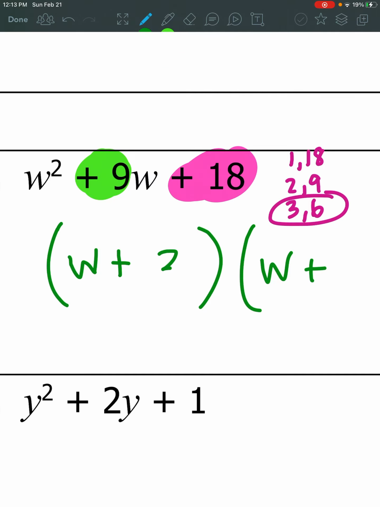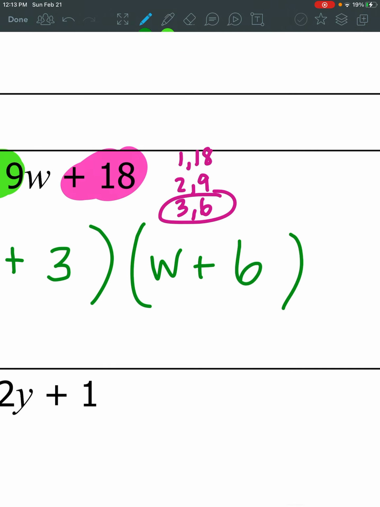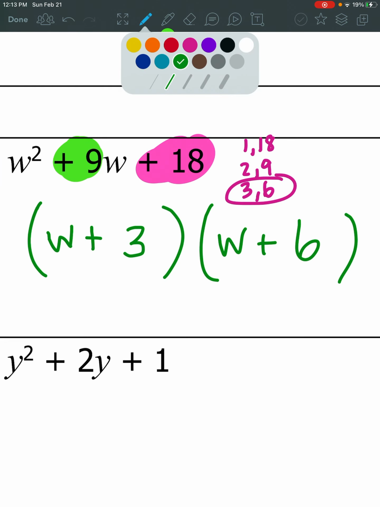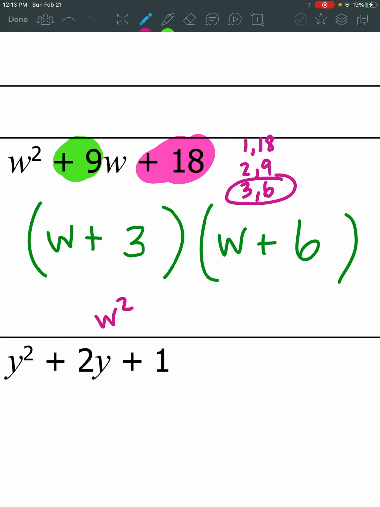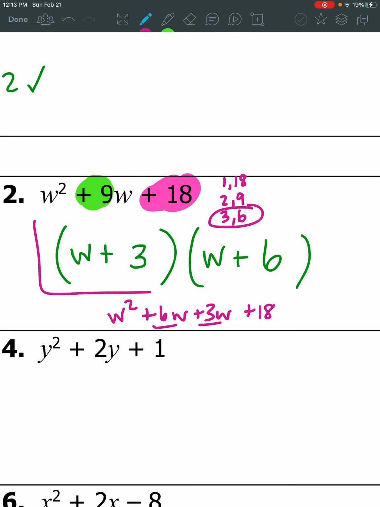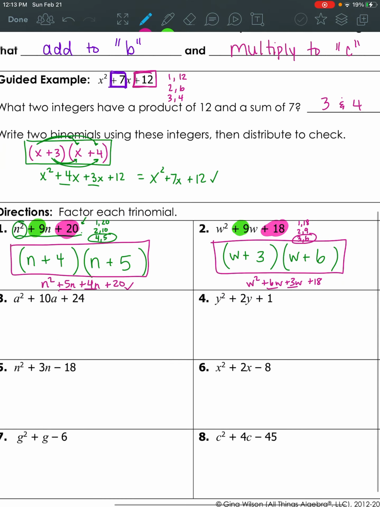So one of them is w plus 3, the other one's w plus 6, and we could check our work. w squared plus 6w plus 3w plus 18. The two middle terms add to 9w, so we know that is correct.